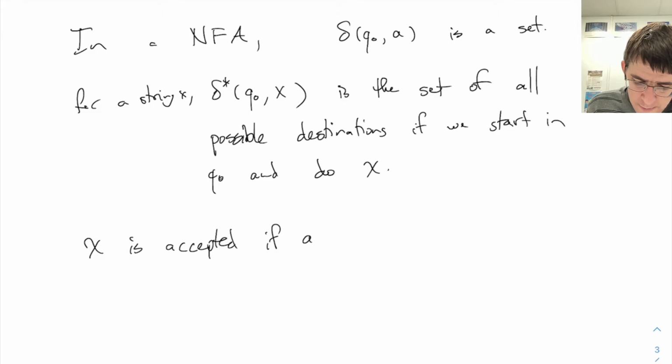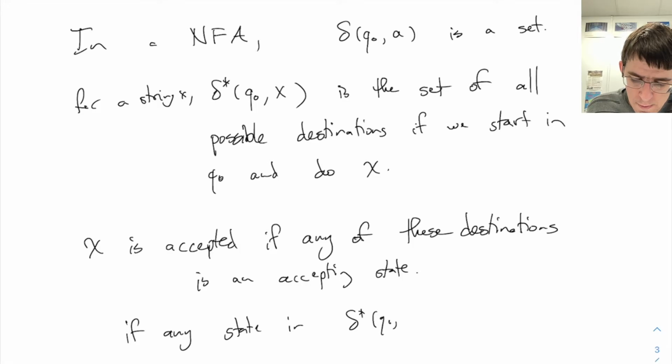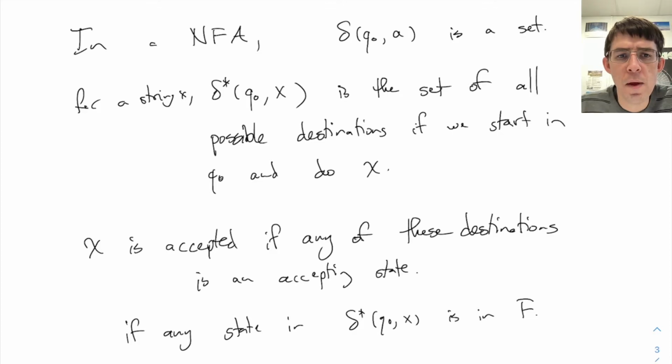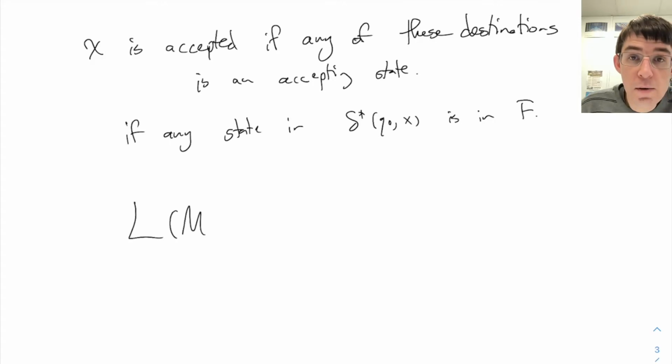That is, if any state in delta star Q0 X is in F. So another way you could write this is L of M, the language of the NFA.